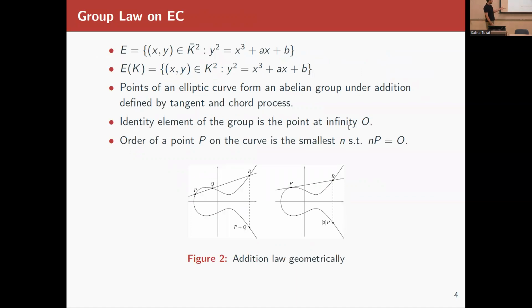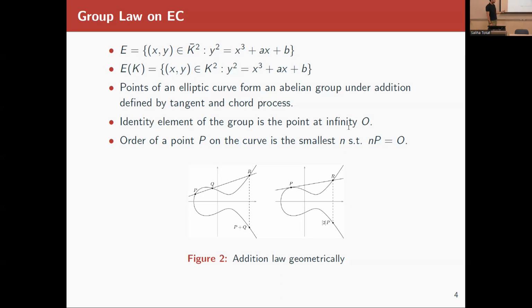As I said, we can construct a group structure on an elliptic curve, but how do we do it? We need an operation, and we will define the operation as the following. If we want to add P to Q, then we draw a line from P to Q. The line will intersect one more point on the curve. In this case, it's R. And we take the reflection of it.